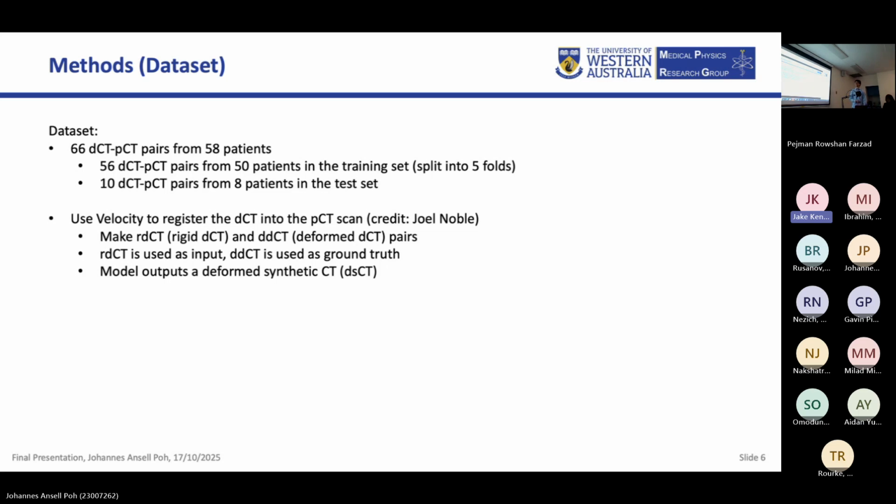This is done so that the model can more easily learn the deformations. And also the deformed synthetic CT, or DSCT, is used to refer to the output of the model.